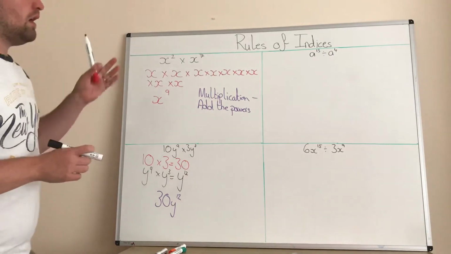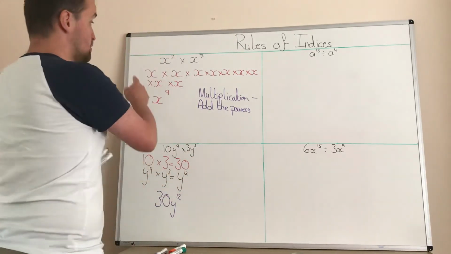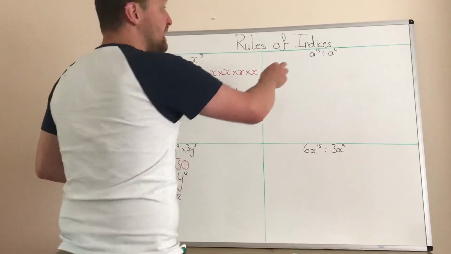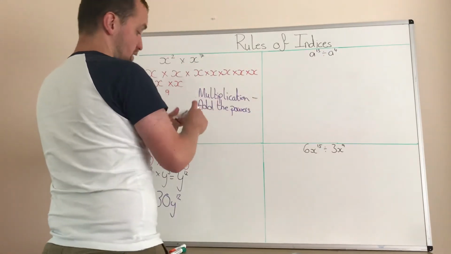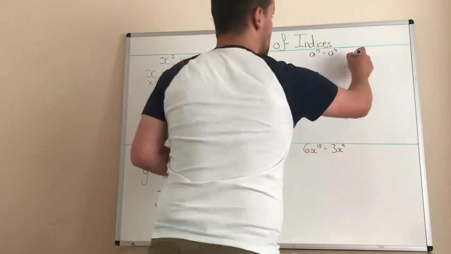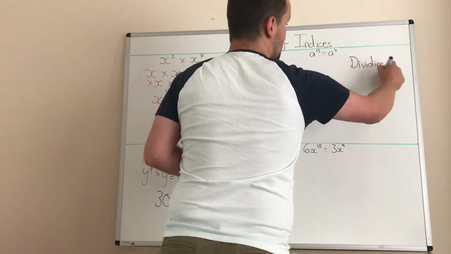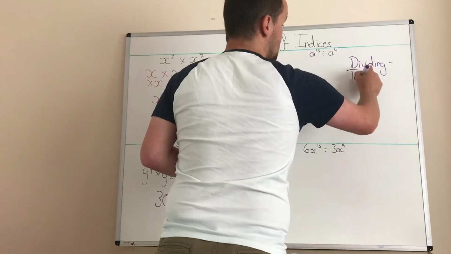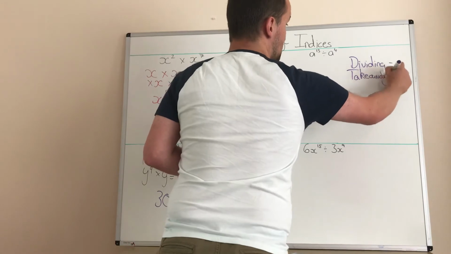Division now. Division is exactly opposite to what we've got here. If we're multiplying here and adding the powers, when dividing, you take away the powers.